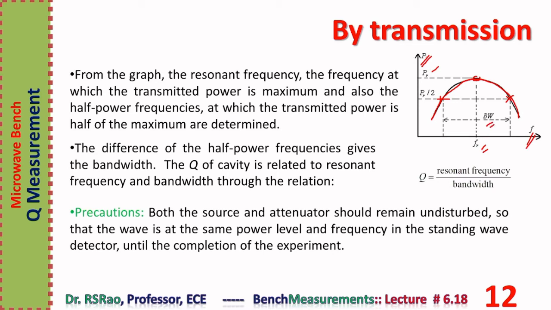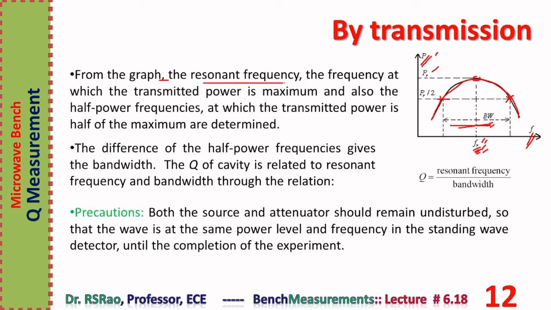So we have a set of power values. We have corresponding frequencies. So the graph can be drawn. From this, FR can be identified. The distance between the half power points also can be identified from the graph. Q is the resonant frequency, FR, by bandwidth, the distance between the 3 dB points.